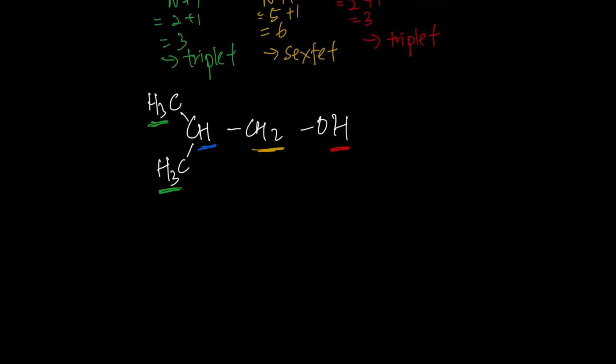Now let's determine the multiplicity of the signals. For these 6 protons, the neighboring proton is this. So n plus 1 equal to 1 plus 1 is 2, a doublet.